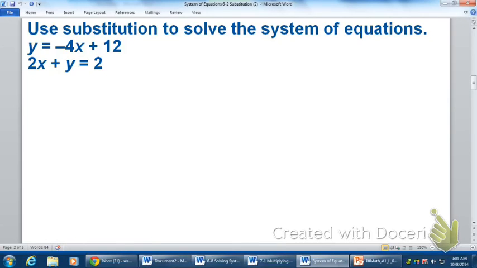So we need the x and y value of where they intersect. What is the solution? This is all we're going to be working with for like 2 weeks: solving where they intersect. What is their solution?